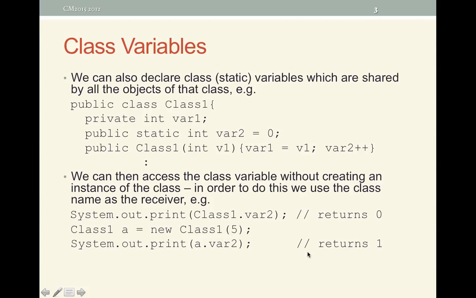So var2 now stores the value 1, and if we referred to var2 using the class name, it would store the value 1 as well. So we've changed the value. There's only one copy of it actually stored in memory.